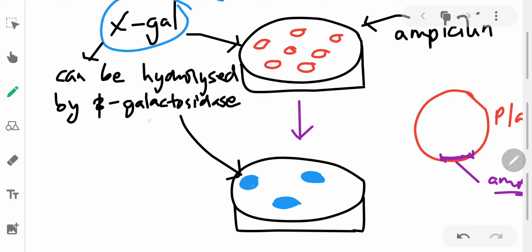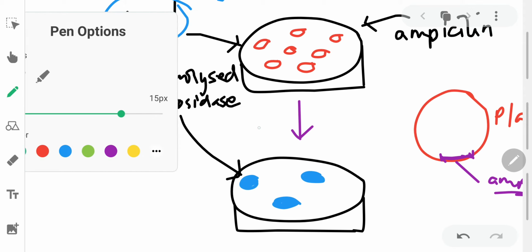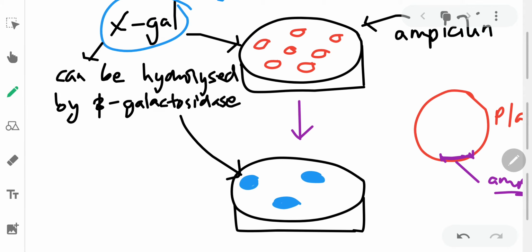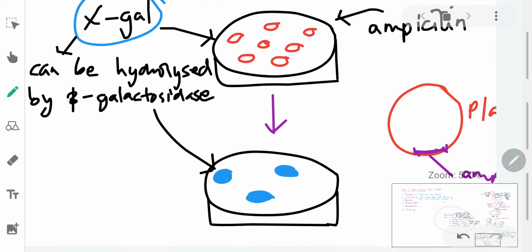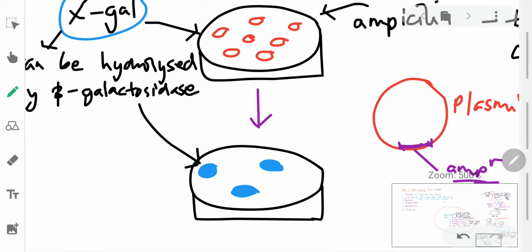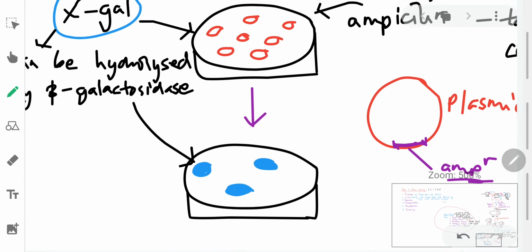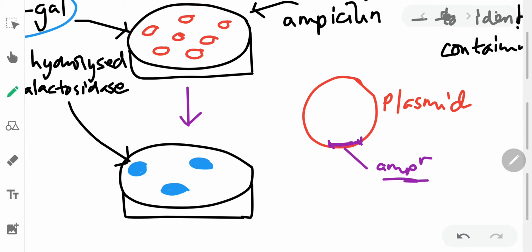Okay, but where does this beta galactosidase actually come from? Who produced the beta galactosidase? Okay, to understand this one, we have to go back to the structure of the plasmid. This plasmid just now, it does not only have the ampicillin gene AMPR, ampicillin resistant.